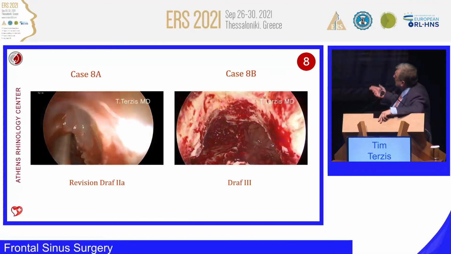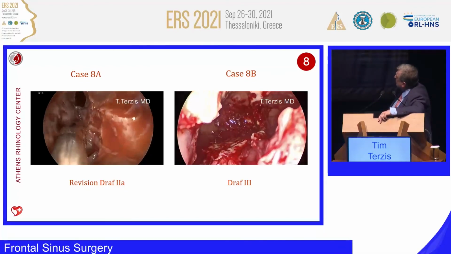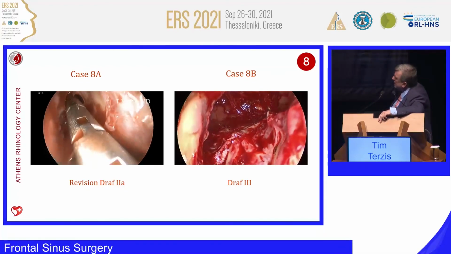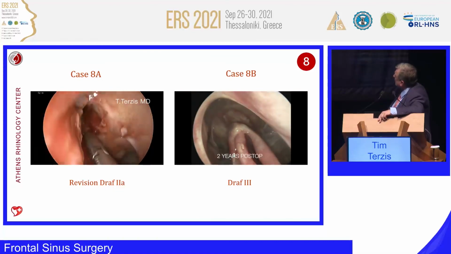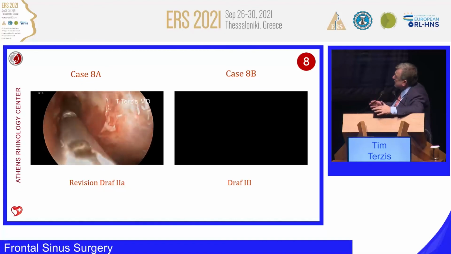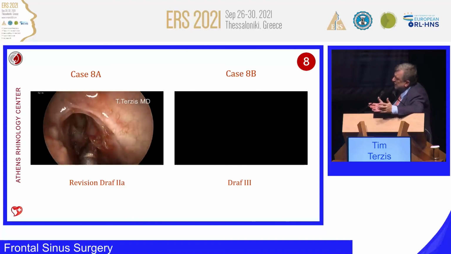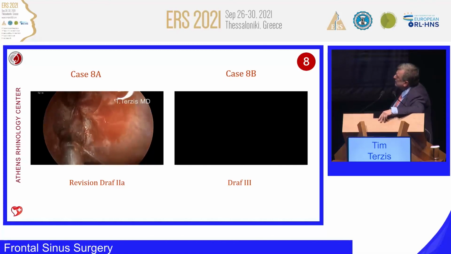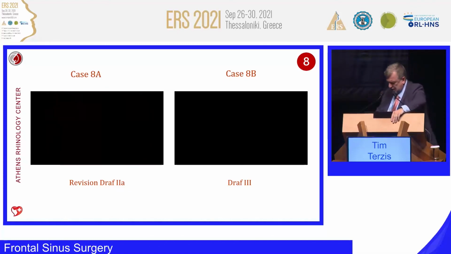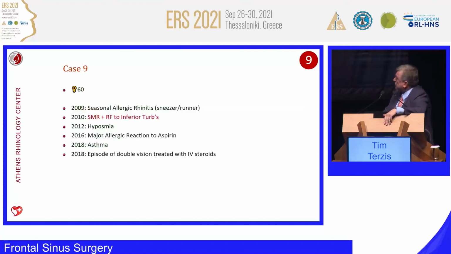I removed it there, and I chose to do a Draf 3 on the gentleman. This is the post-operative image. We had a large frontal sinus, large wide frontal recess, and so these are the procedures I chose.